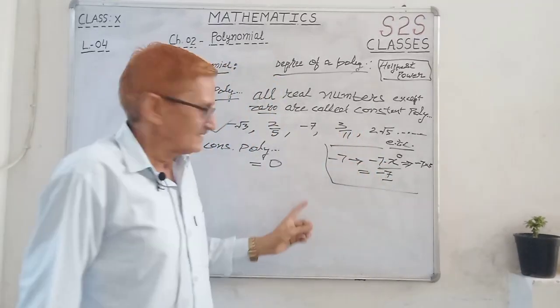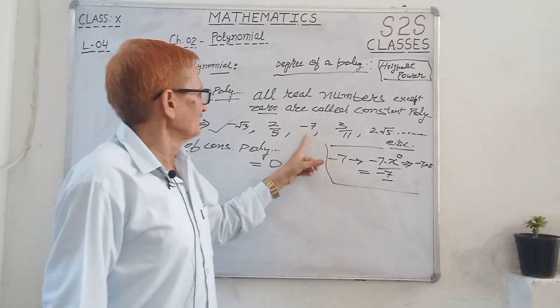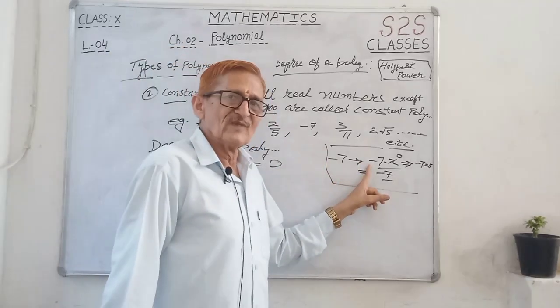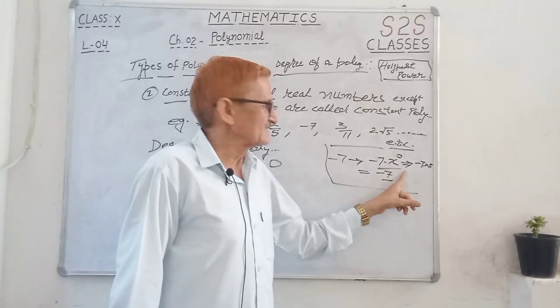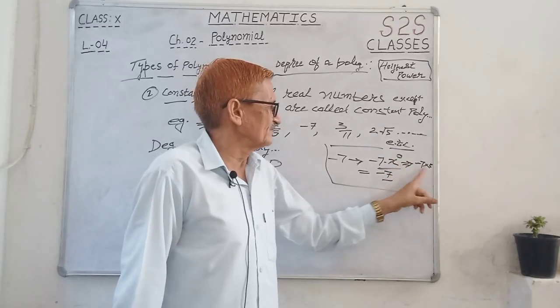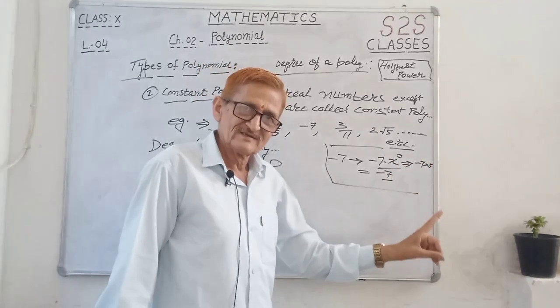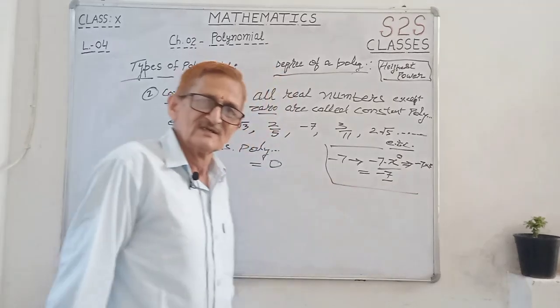For any number, say minus 7, I take minus 7 into x power 0, and this can be written as minus 7 into 1, because x power 0 is 1, so minus 7.